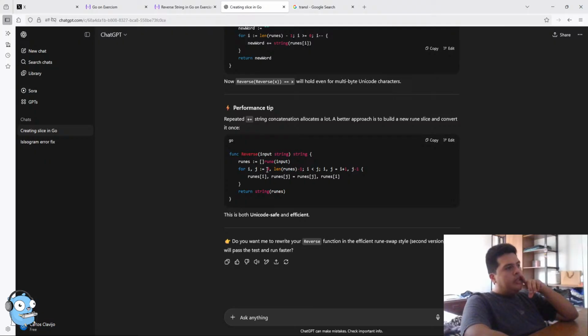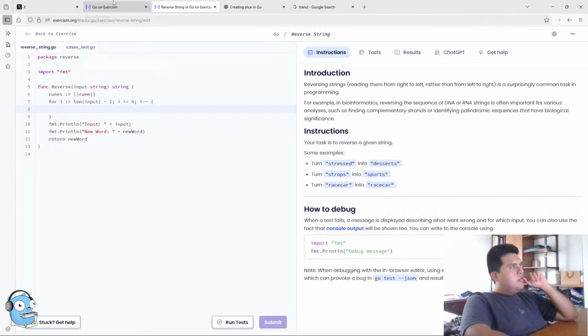Input. Okay. j equals 0. Len runes. Oh, okay, okay. Two values here. I declare two values here. Okay.